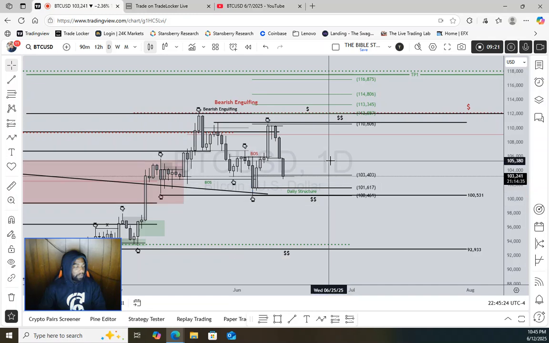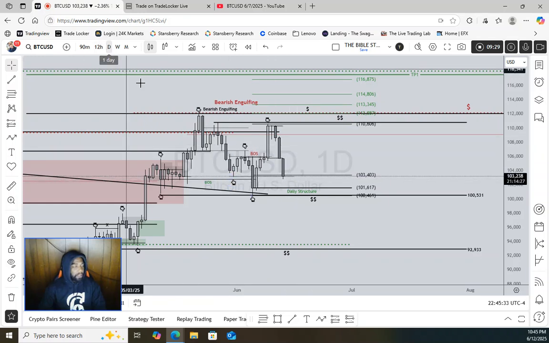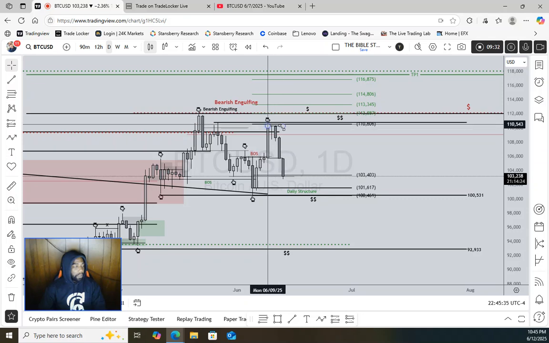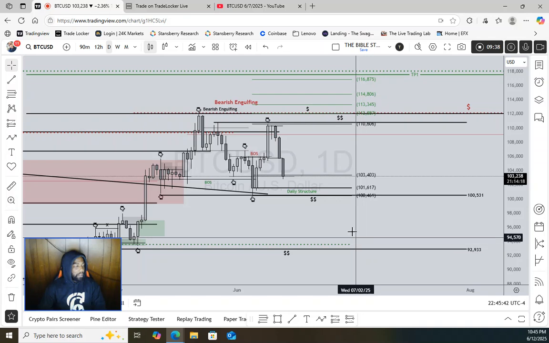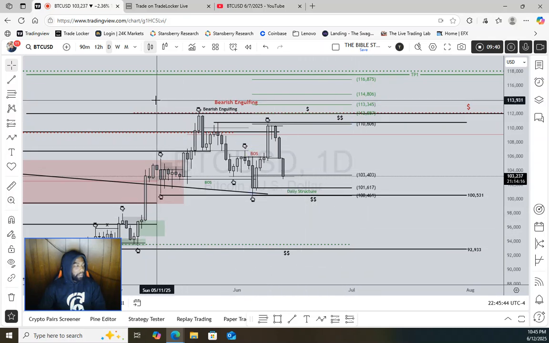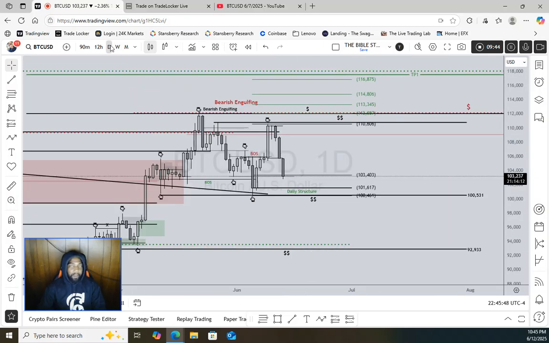We got this daily structure here, and then this 12-hour manipulation that price is at right now. So if price is respecting that, then we'll see more downside coming into these levels, continuing that weekly bearish retracement.